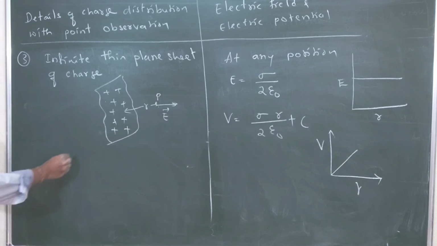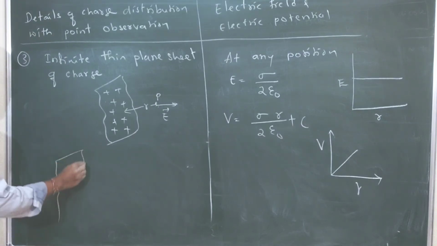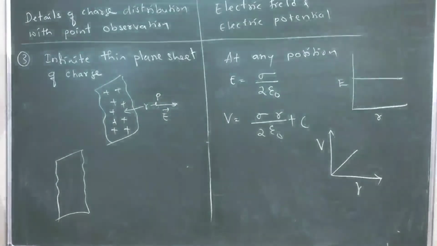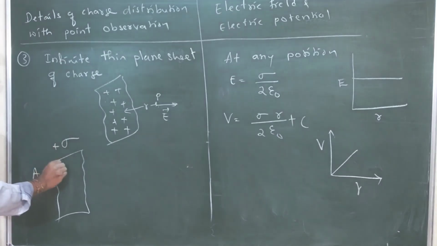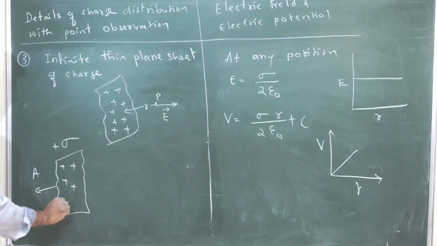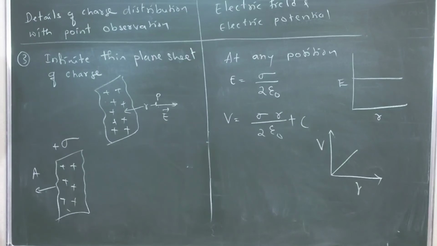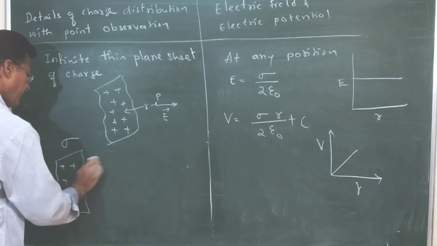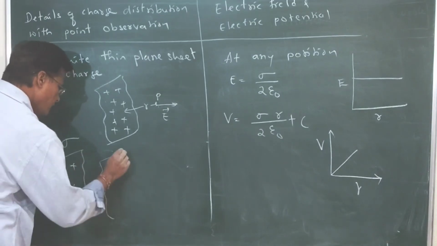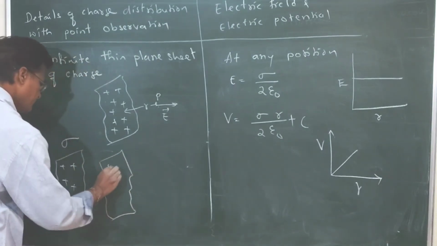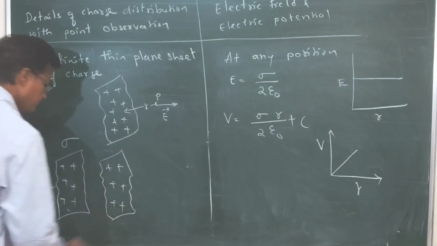Now, if we consider two plane sheets, this is A, this is sigma plus, and this is plus sigma, both positive here.